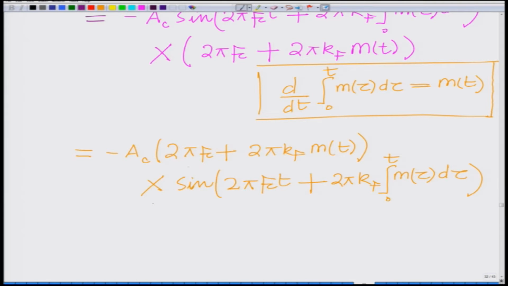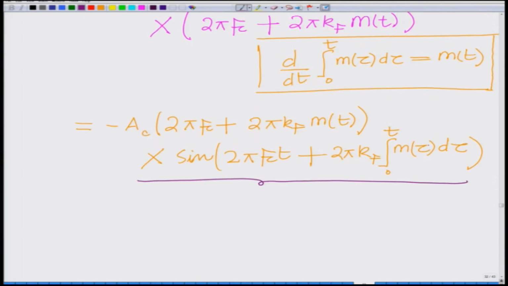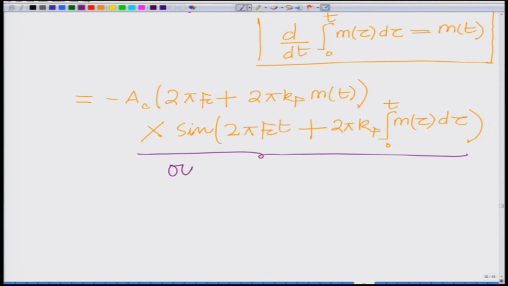And now, if you look at this resultant signal, this is basically the output of the differentiator.